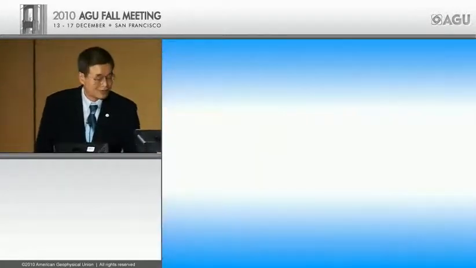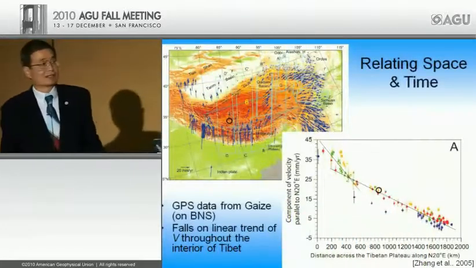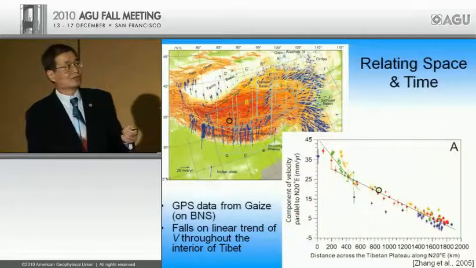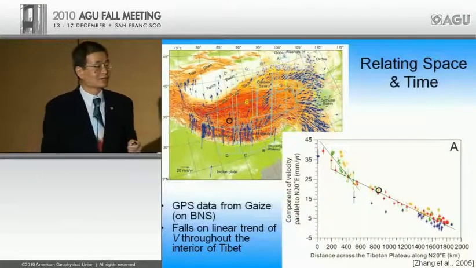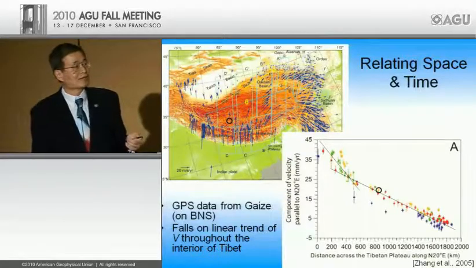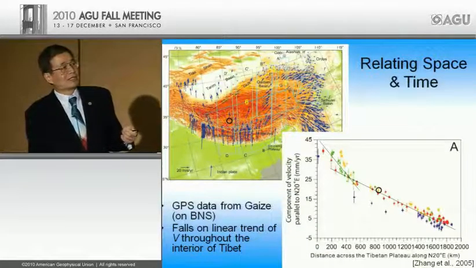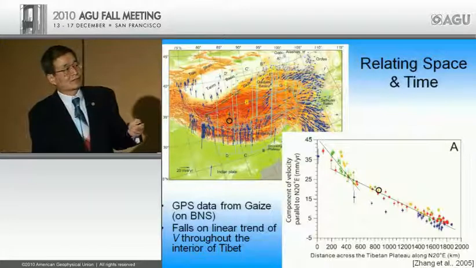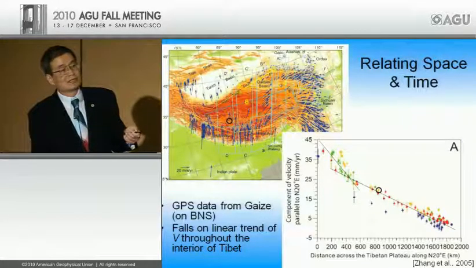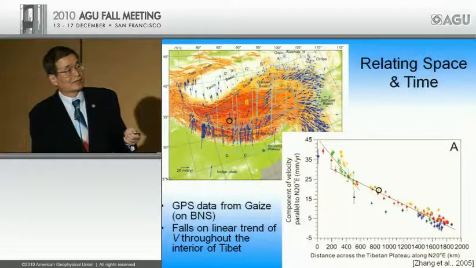There are lots of GPS data in and around Tibet. This paper is about 5 years old. Now there's probably twice as many data as shown here. But anyway, the point is that if you look at the cross-section, this is south, that's north. This is ground speed in the north-south direction. You see a very nice linear trend across Tibet. And I made a circle here.